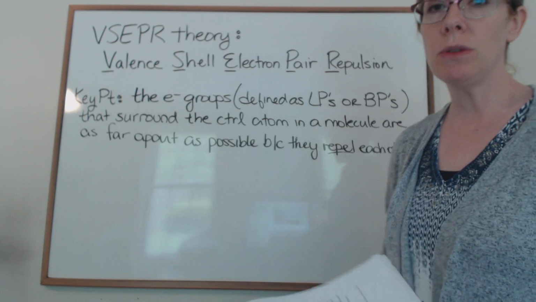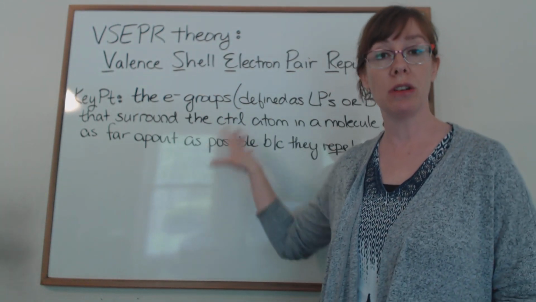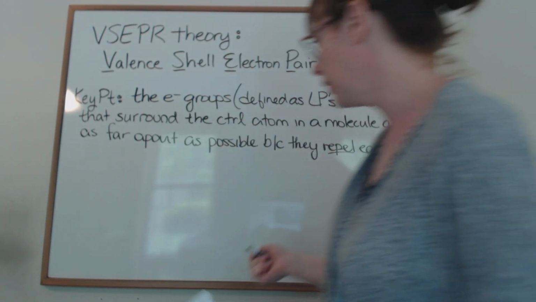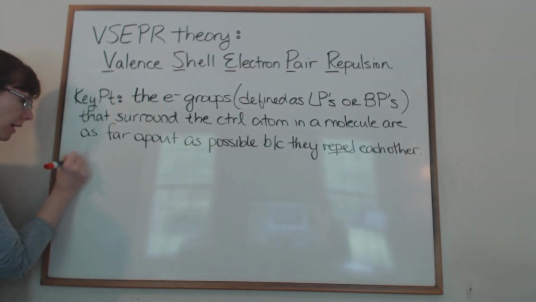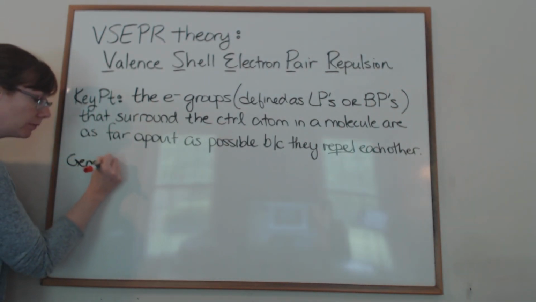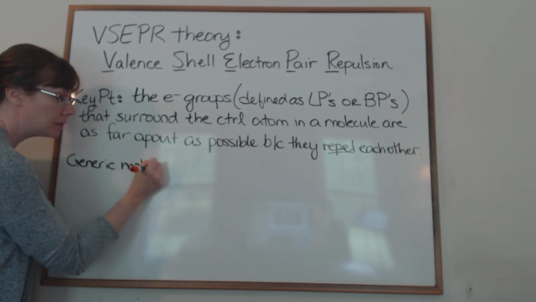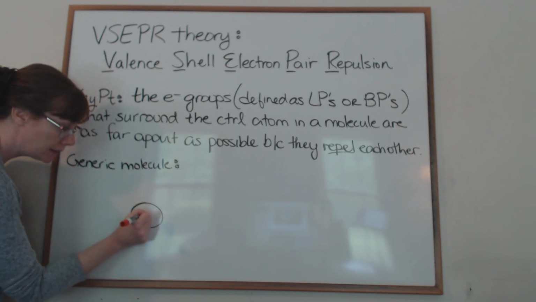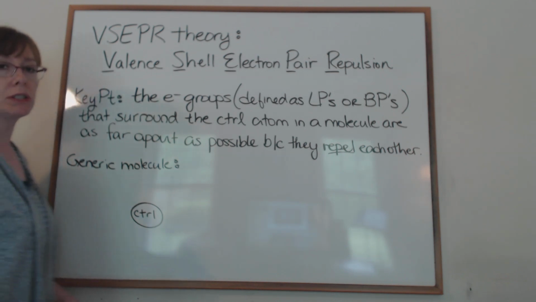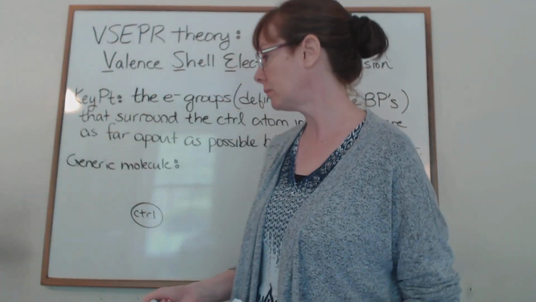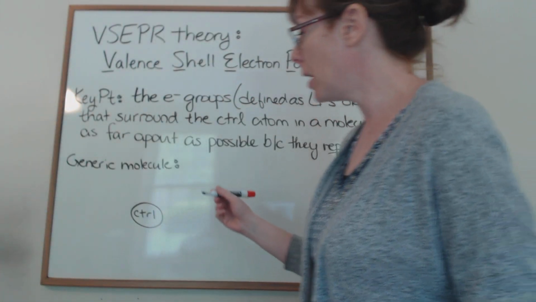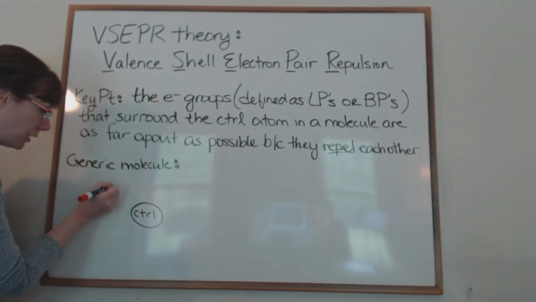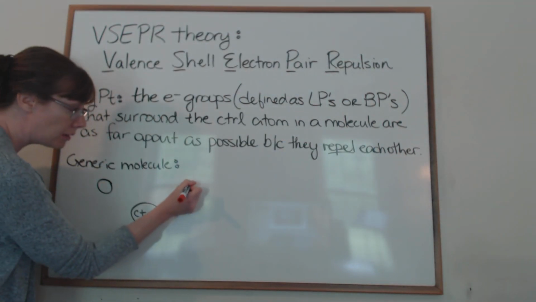So I think the best way to explain this is to just draw a little picture, and then we'll refer back to what I just have on the board. So let's just draw a generic molecule. I'm not even going to have real atoms with real names, just a central atom. We'll just call that the central atom. And let's just, for our generic molecule, let's pretend that 3 other atoms are bound to it.